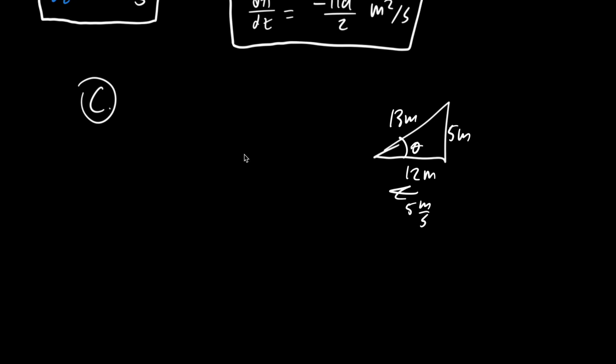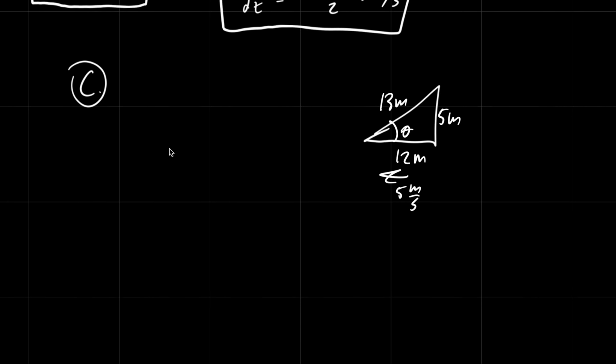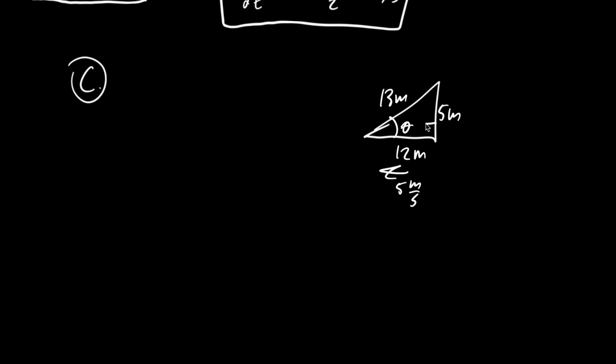So how are we going to write an equation that relates theta? Since this is a right triangle, we can just do a really simple trig ratio. Our trig ratios is SOHCAHTOA.